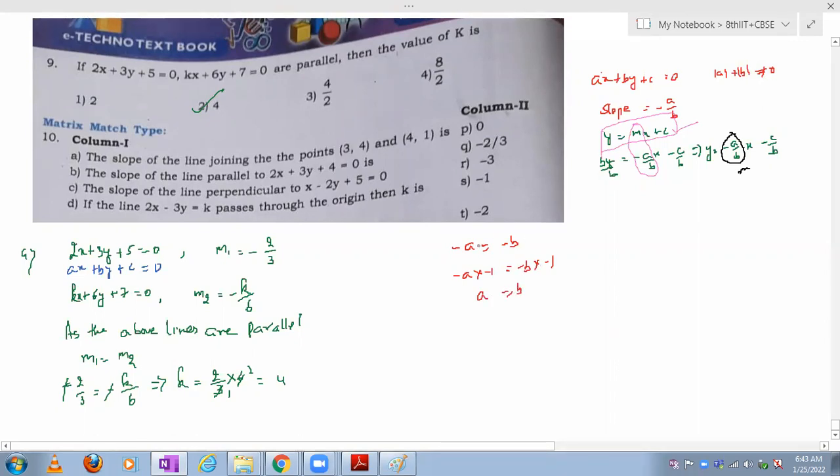Instead of multiplying by minus 1, I'm directly cancelling. When both sides are cancelled, we get plus on both sides, so a is equal to b only. We don't need to do anything. But suppose there is minus a is equal to, then what is a equal to?